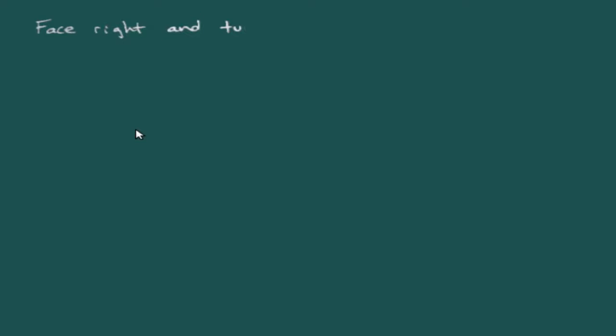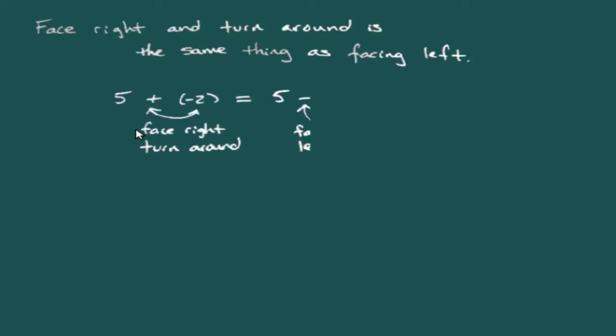And so if we say we face to the right and turn around, that is pretty much exactly the same as just saying, oh, just face to the left. So if we have something like 5 plus a -2, well, our instructions would say face to the right, addition would say face to the right, and then we see the negative on the 2, which tells us to turn around.